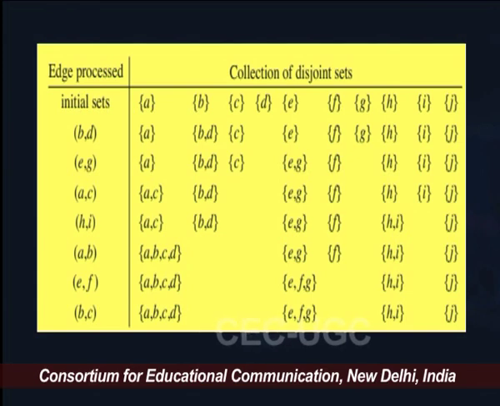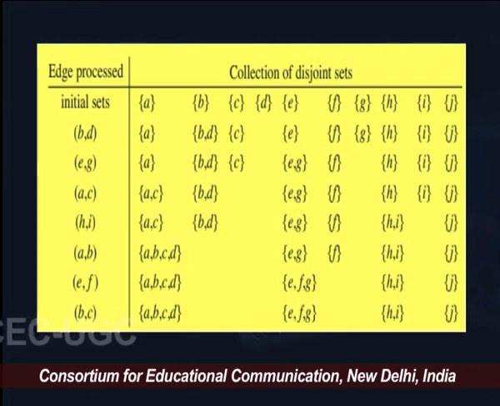Then EF: EG is one set and F is another, so EF combined gives EFG. And BC is already combined in one, so it is not going to change anything.